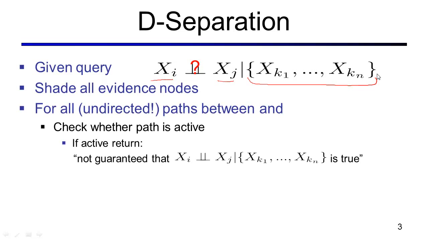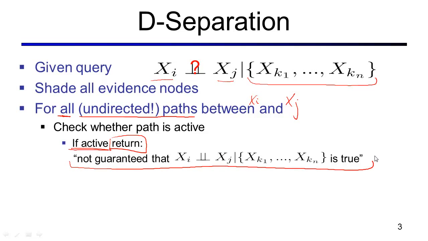Then we check all, this is important, all undirected paths between xi and xj. We check for each of these paths whether the path is active. If active, we can right away return. And what we can return is the following statement. It's not guaranteed that xi is conditionally independent of xj given the evidence variables.